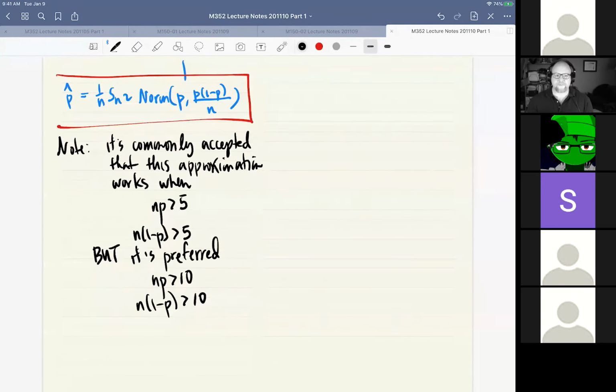Well, Professor, how are we supposed to figure that out if we don't know p? We want an estimate for p, but in order to check to see if it works, we need to see if np is greater than 5.